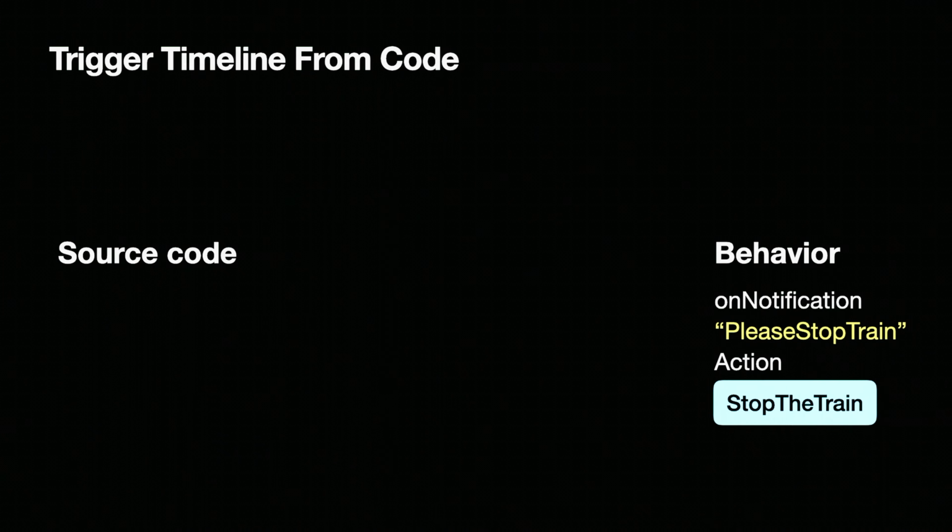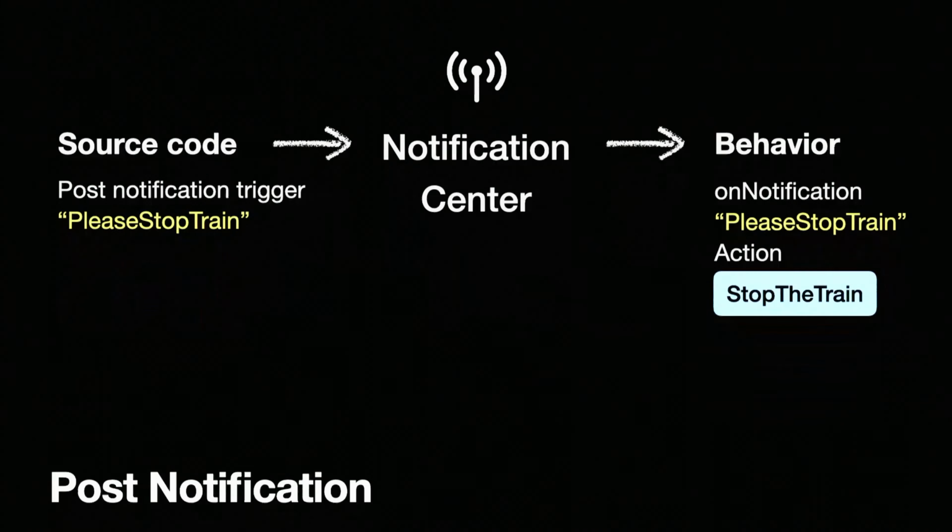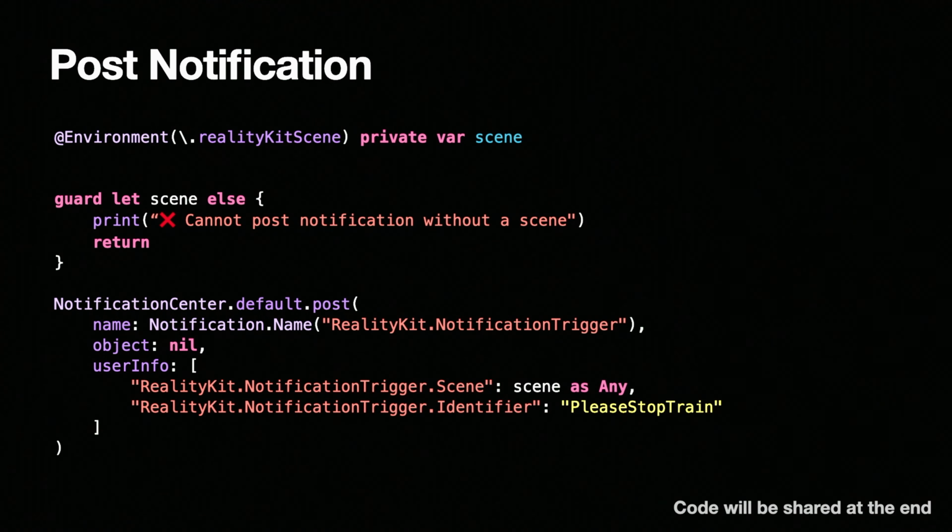Let's say the name is please stop the chain. And I put the action stop the chain here. That's the timeline. So now they are linked together. And from my source code, I just need to post the notification trigger, and then notification center will take care of the rest. Okay, let's see the code again.